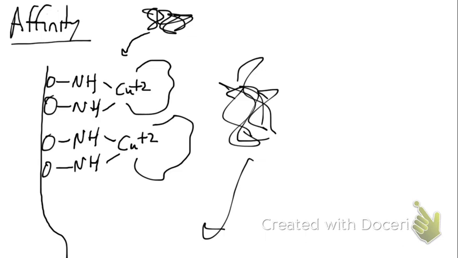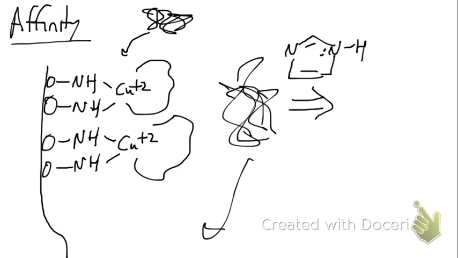And so what we would need to do is outcompete this protein off of the copper. Usually when you use copper, you use something like imidazole. Right, so there's imidazole. It will be thrown in there. It will displace the protein, and we'll get our original protein eluted out so that we can study it.